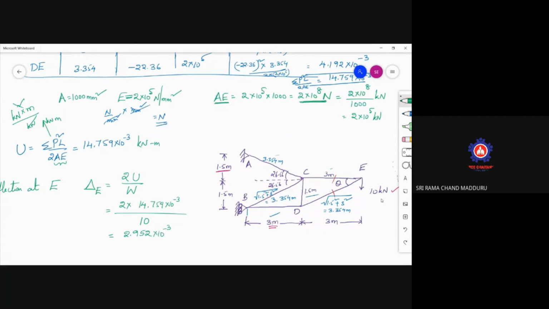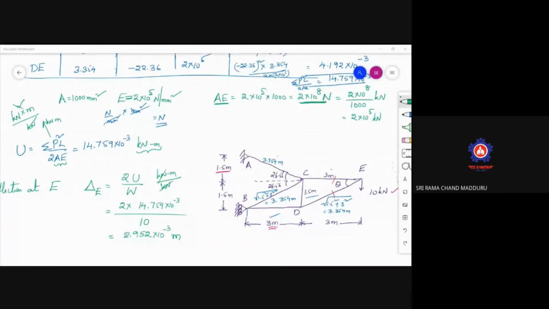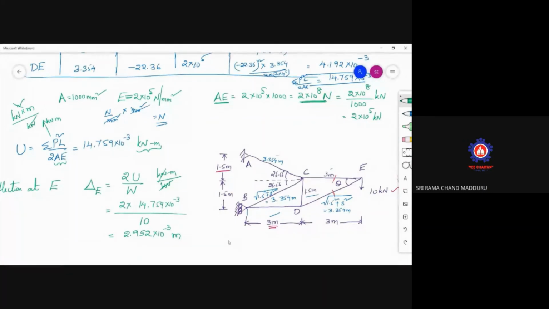What is the unit of this one? Please be consistent with the units. You write it as kilonewton meter. Here the load is in kilonewtons, so kilonewton is cancelled and the units are in meters. But deflection is usually expressed in mm, so you have to explain it in terms of mm.